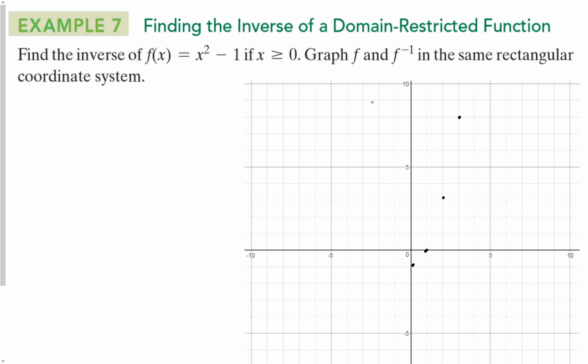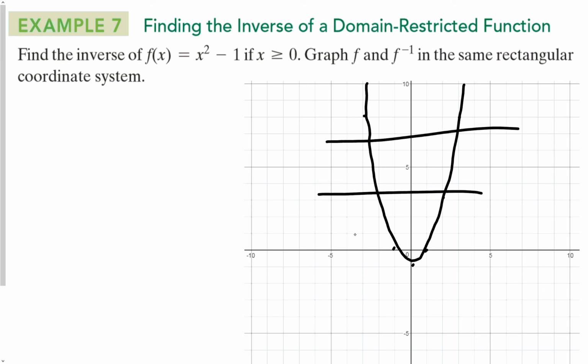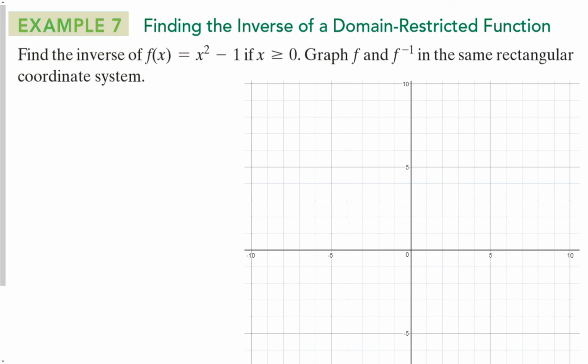So here's my standard quadratic function, shifted down 1 coordinate. And if I were to draw this, I could see that this fails the horizontal line test. There are multiple points where I can draw horizontal lines through this graph. So the standard quadratic function does not pass the horizontal line test, but we're going to limit the domain.